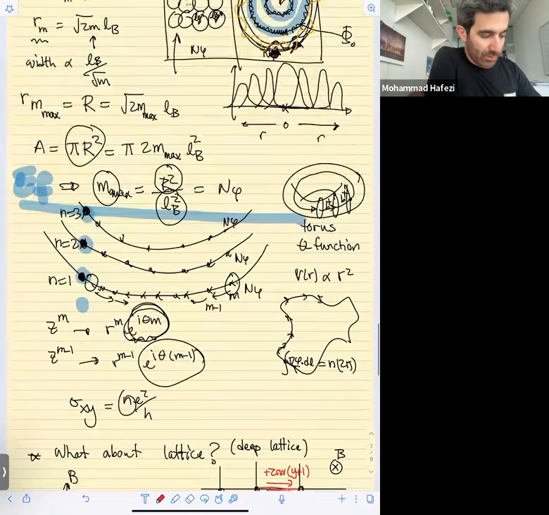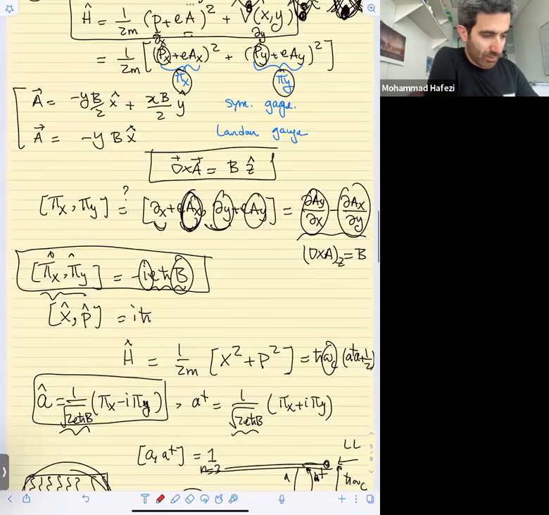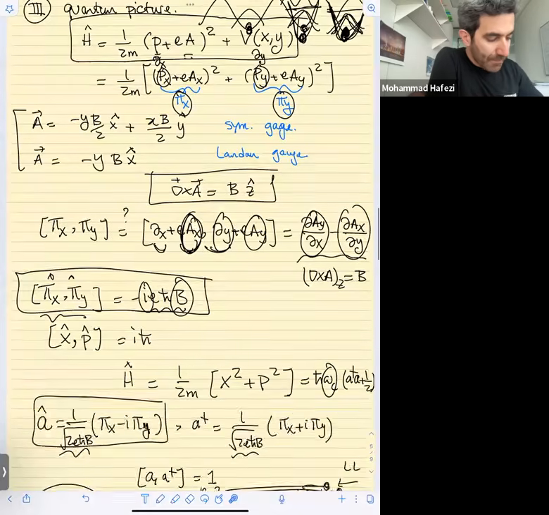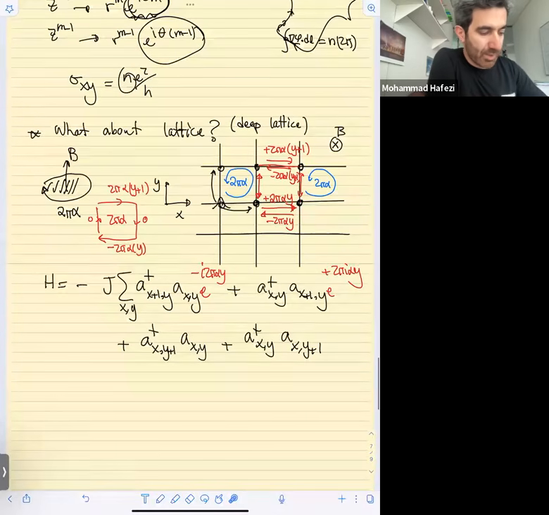If I wanted to do that, I should have started with the Hamiltonian with the trapping potential and the magnetic field. But I kind of motivated why the Hamiltonian of an electron hopping on a square lattice in the presence of a magnetic field should look like something like this.